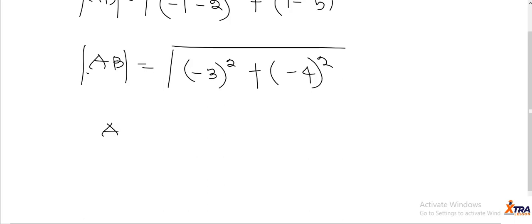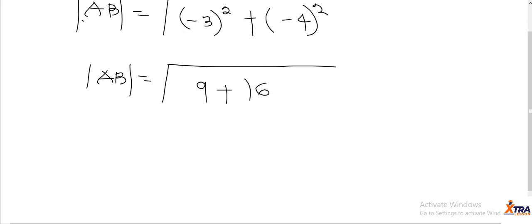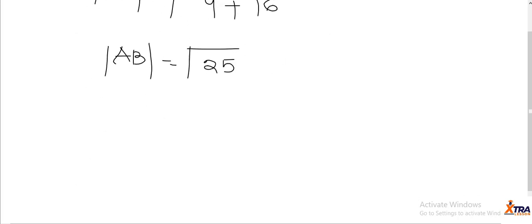We have AB equals, minus 3 raised by 2 is 9, plus minus 4 raised by 2, we have 16. So we have AB equals the square root of 25, which is distance AB equals what? 5.